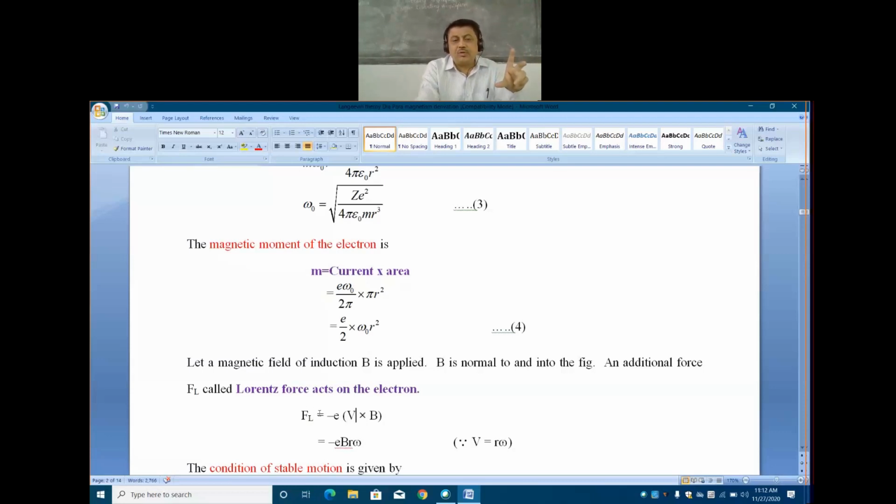You can write the magnitude as eVB sine theta, and theta is 90 degrees, therefore sine 90 is 1. V is r omega, so it is eBr omega. So we get the Lorentz force F_L equal to minus eBr omega.